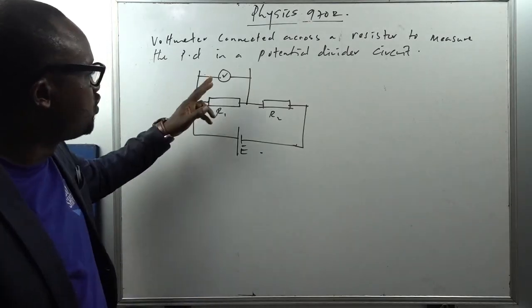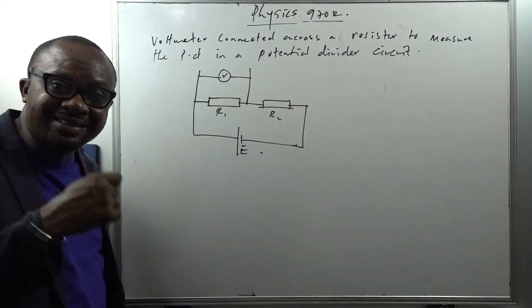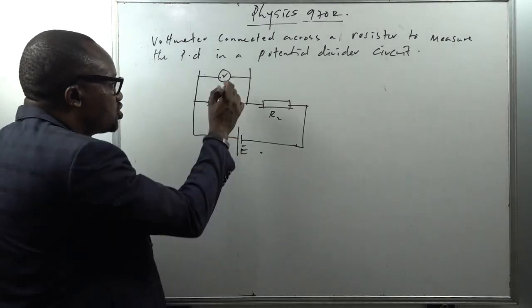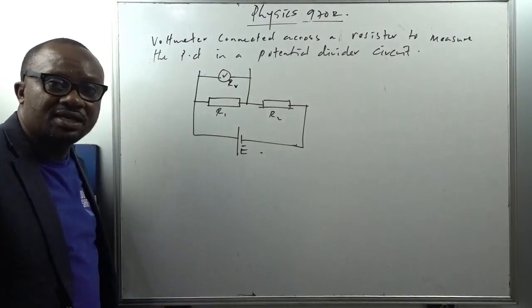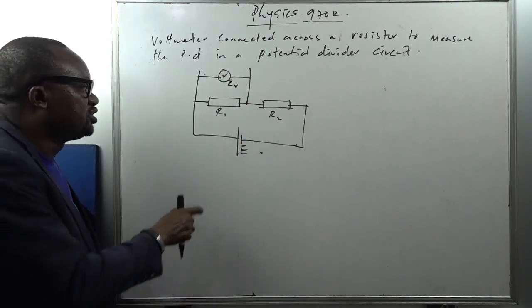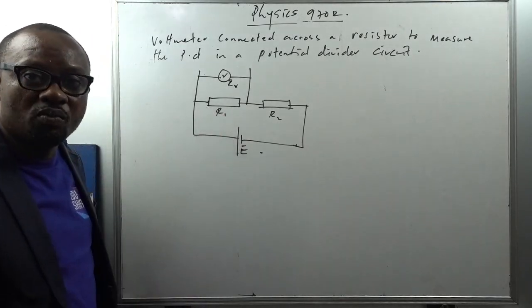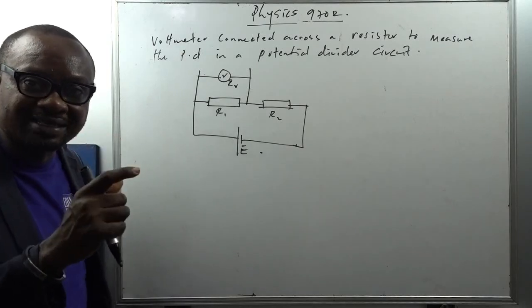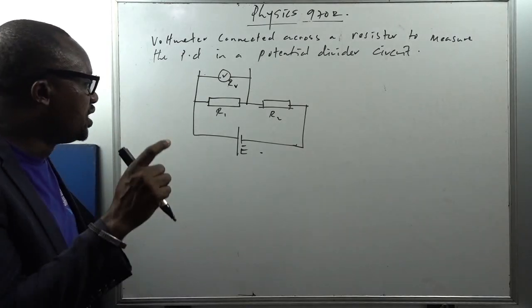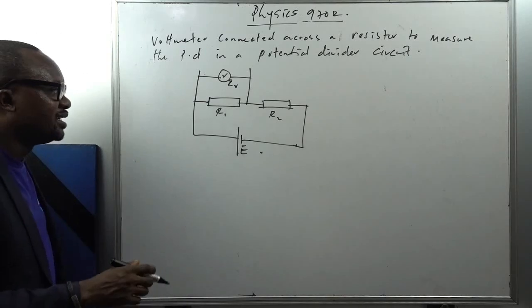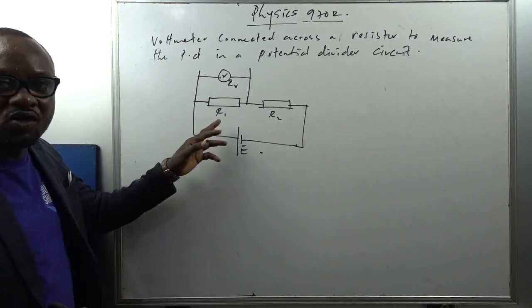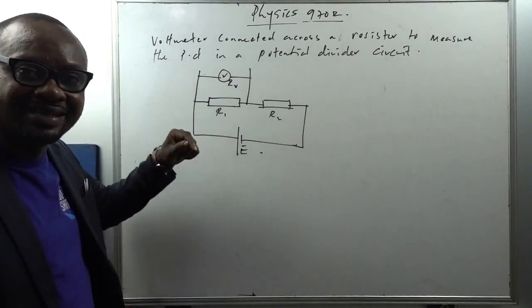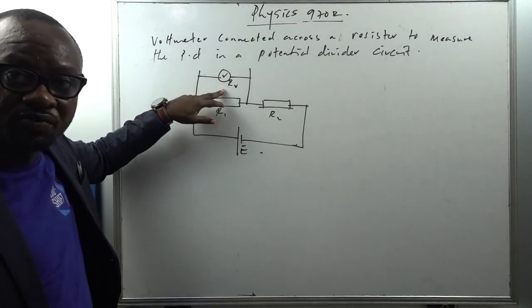However, this voltmeter also has its own internal resistance. Let us call it R sub V. Therefore, the voltmeter reading is not the PD across R1, but the PD across the combined resistance across the voltmeter, which is basically the resistance R1 in parallel with the resistance of the voltmeter.